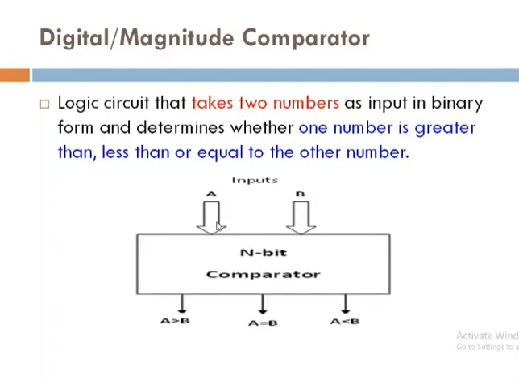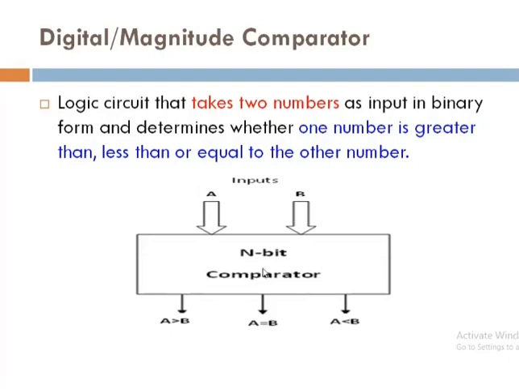So this is an n bit comparator. If you are considering 2 bits of A here, you have to consider 2 bits of B here. If instead of 2 bits of B you consider 3 bits, and here only 2 bits of A, then this comparison is considered an invalid comparison.